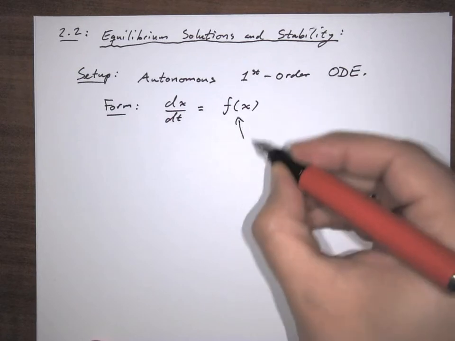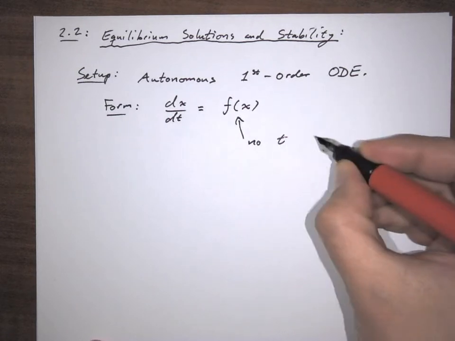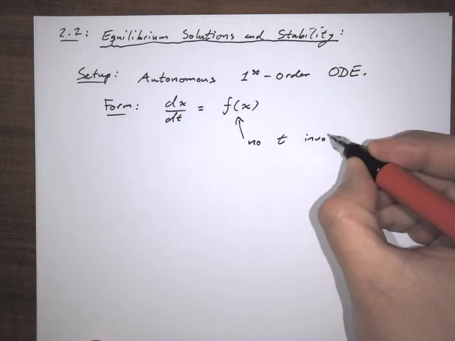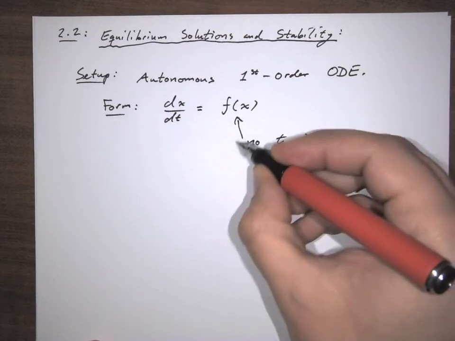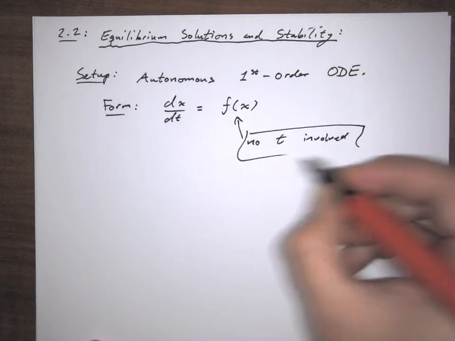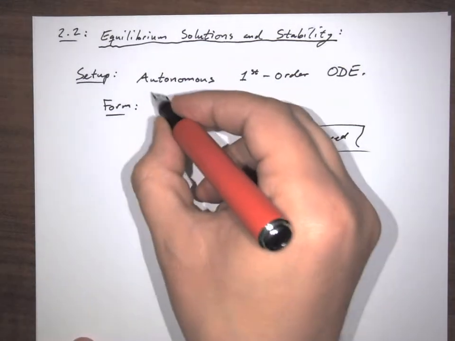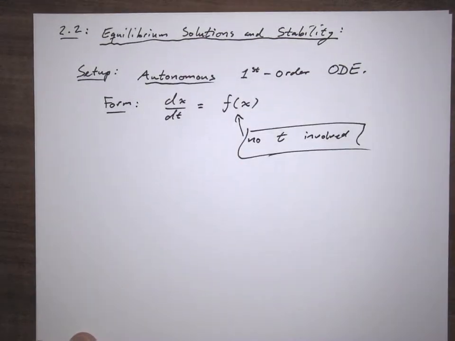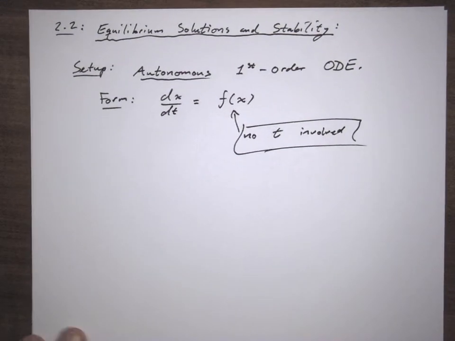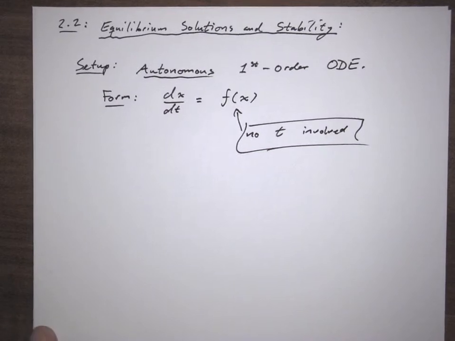So no t. No t involved. That's what makes it autonomous. So these are what all of the population models that we were talking about before all fell under.